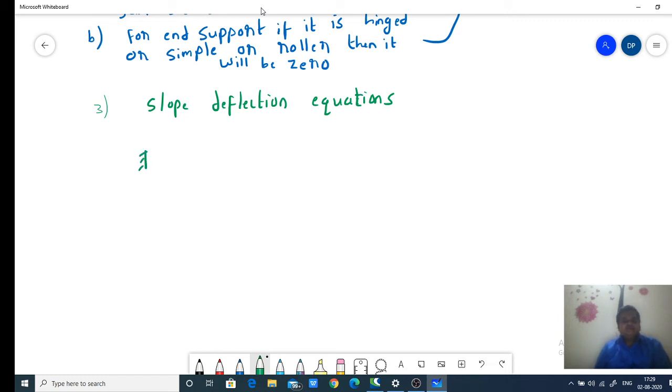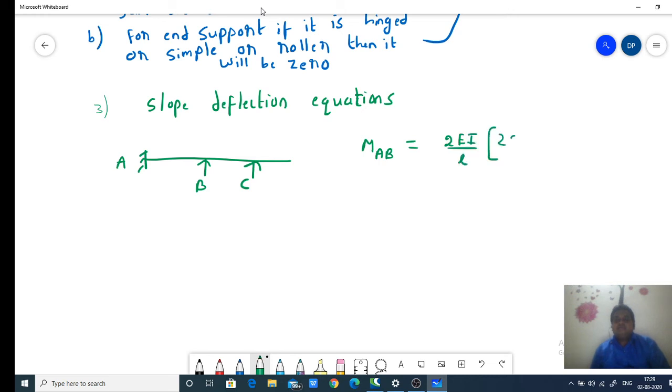Now suppose this is fixed, A is there, and similarly here this is B and this is C. Whenever I am writing the equation for the final moment MAB, this will be 2EI by L into (2 theta A plus theta B) minus 3 delta upon L, plus MF AB.